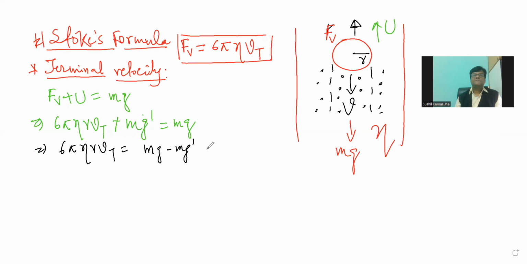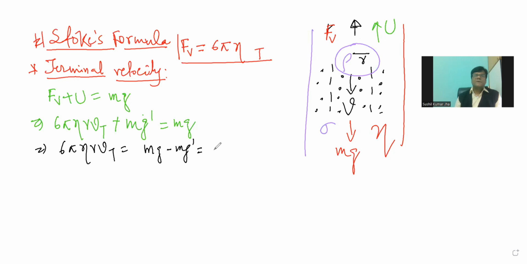And so mass can be written as volume into density. So let's take the original density as sigma, or if you consider a raindrop, then it is better to take rho. So the raindrop has density rho and the medium has density sigma.